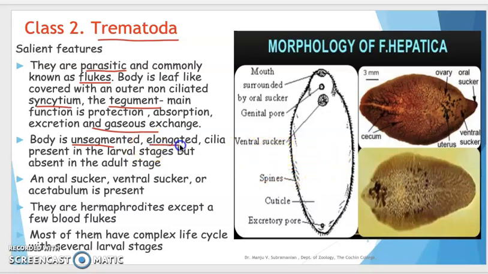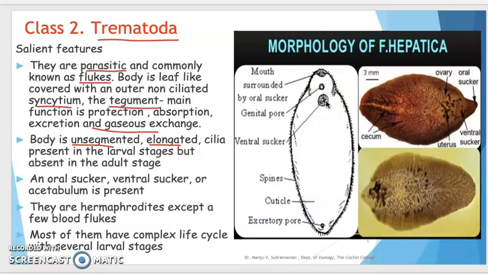Then it is elongated, and cilia are present in the larval stages, but absent in the adult stages. Then you can see an oral sucker and a ventral sucker here. This ventral sucker is also called an acetabulum.